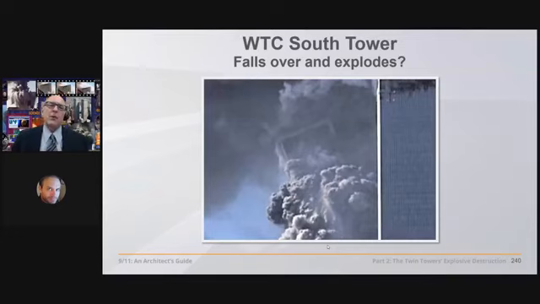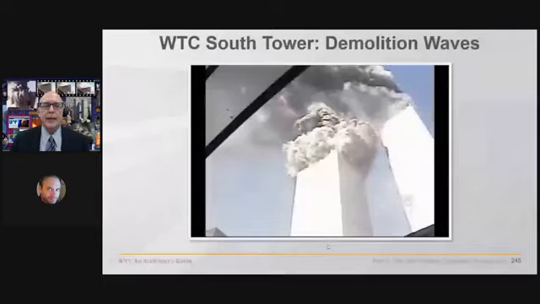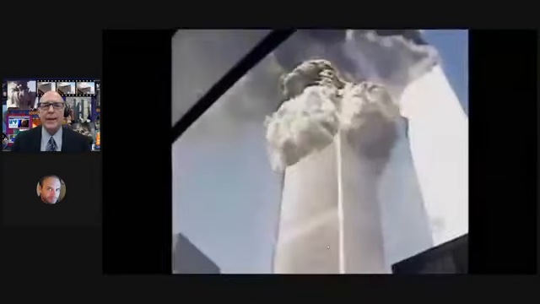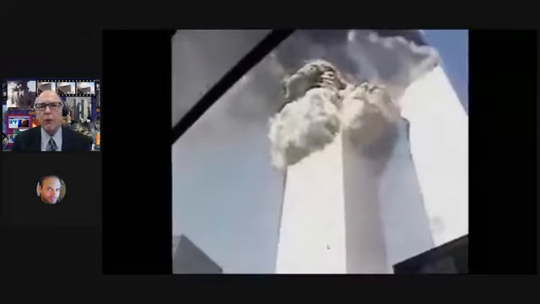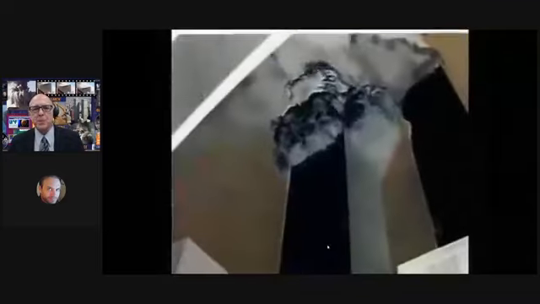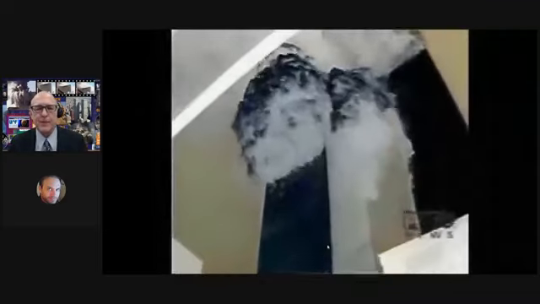So we have asymmetrical loading from this portion of the building that's falling off of its axis, loading on the structure below. We have asymmetrical damage from the fires. We have asymmetrical damage from the airplanes. Why then do we have complete symmetrical damage all the way down all 4 faces of this building? It's a complete non sequitur.